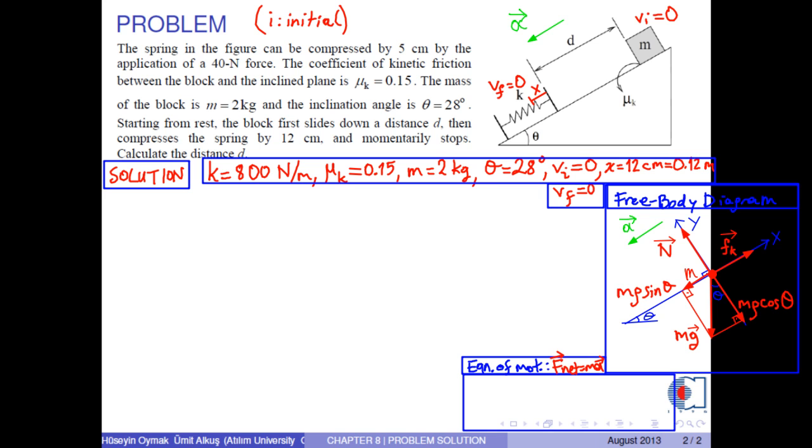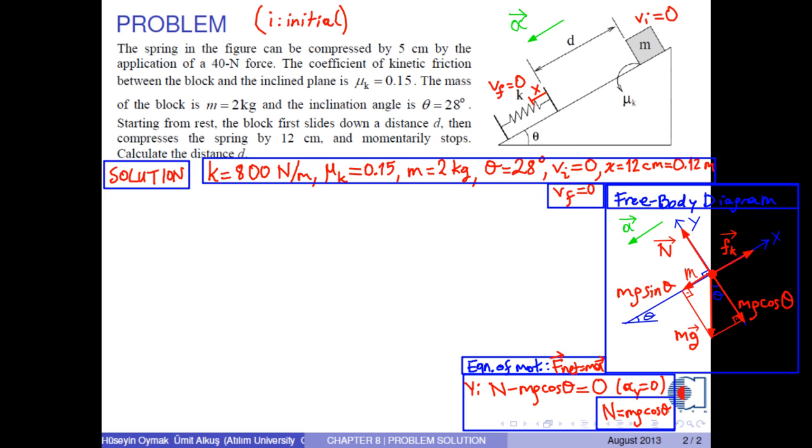Now we write the equation of motion with the help of Newton's second law, F net equals ma. Since there is no motion along the y-axis, we have N minus m times g times cosine theta equal to 0, because acceleration along the y-axis is 0. From this, we obtain the normal force as N equals m times g times cosine theta.